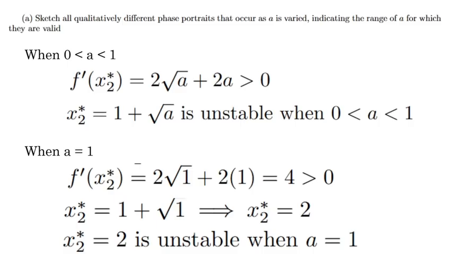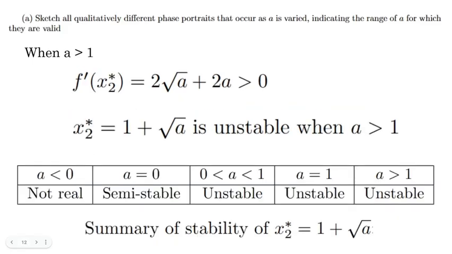Now, let's look at the case when a is equal to 1. Subbing that into our equation, we get 2 times root 1 plus 2 times 1, which is equal to 4, which is always positive. Therefore, x2 is unstable when a is equal to 1.